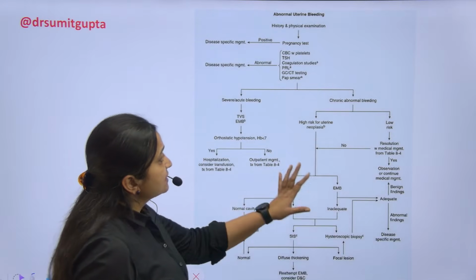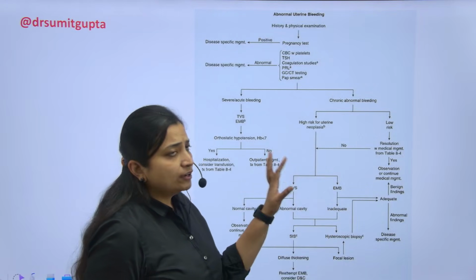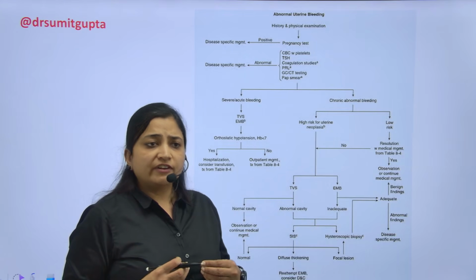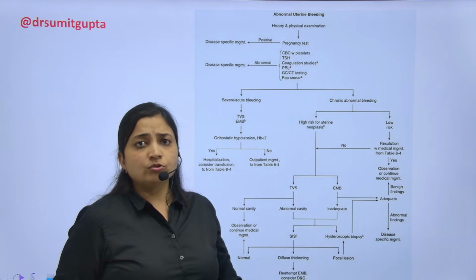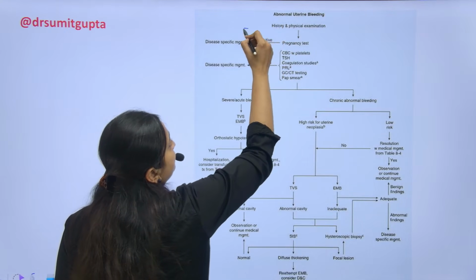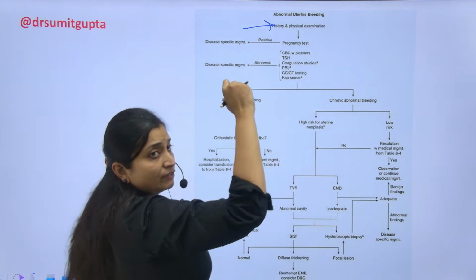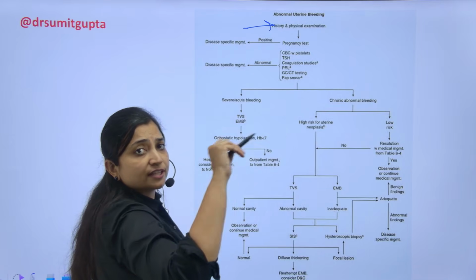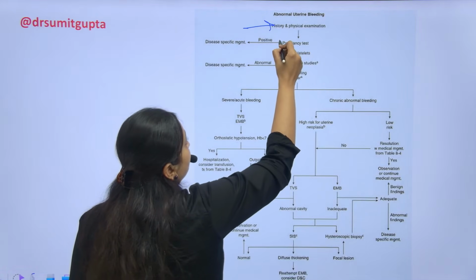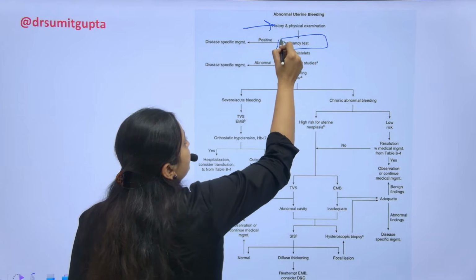Now this is the last slide where I just want to give you an overview of how to manage a patient when a walk-in patient is coming, step 1, 2, 3, 4, what to do. The patient comes, a good history and physical examination, very, very important. A good history and physical examination will solve half of your problems. And then number 1, always a pregnancy test.